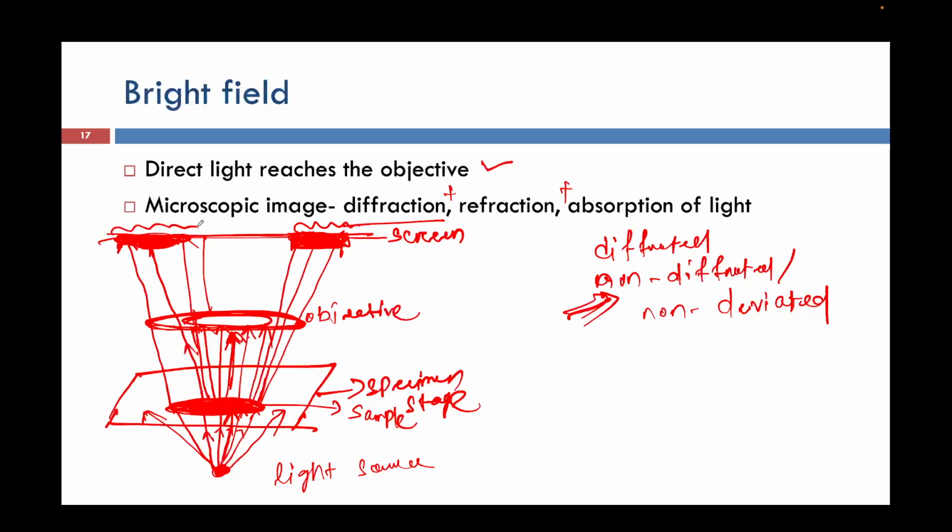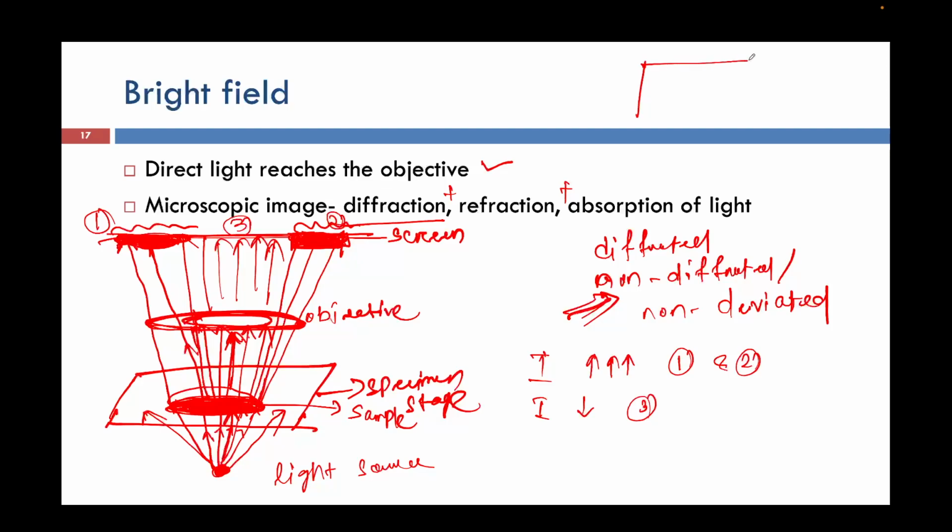That means their intensity is much higher, and the rays coming after diffraction from the interaction between my object and the beam will have a little less intensity. If this is region 1, this is region 2, this is region 3, the intensity will be very high for region 1 and region 2, and a little less for region 3.